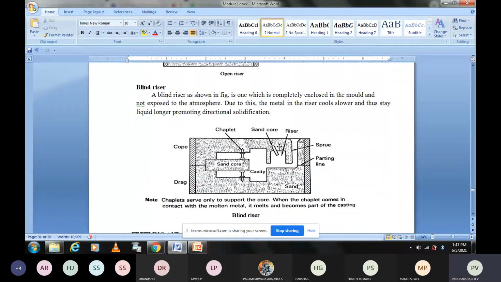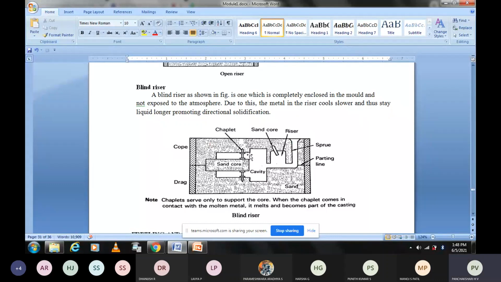And the other one is blind riser. What is a blind riser? You can see the liquid metal is poured here, and then this is the sprue, this is the runner. Here you can see the blind riser. Now the liquid metal first fills this cavity.